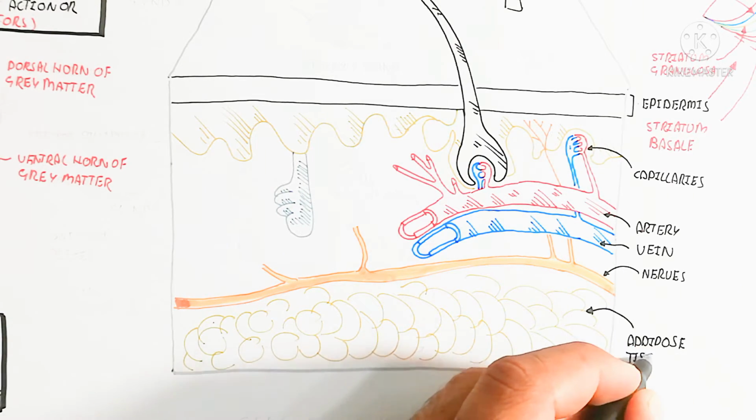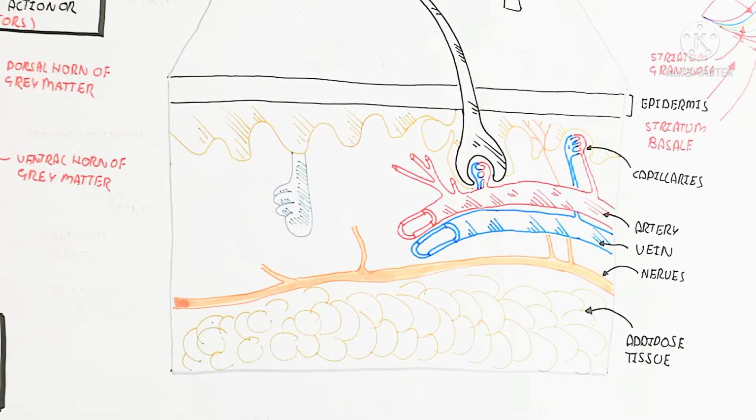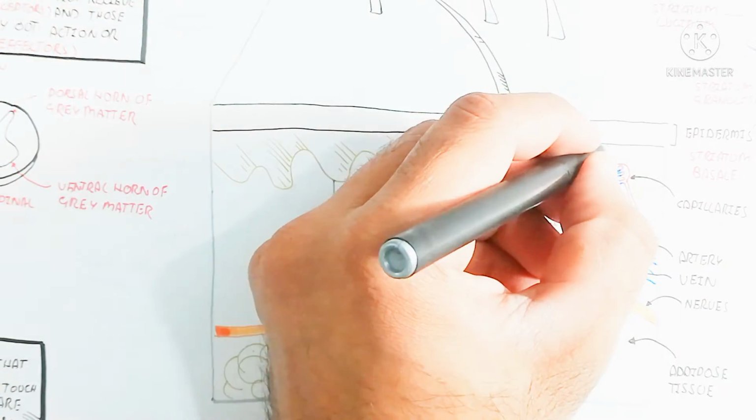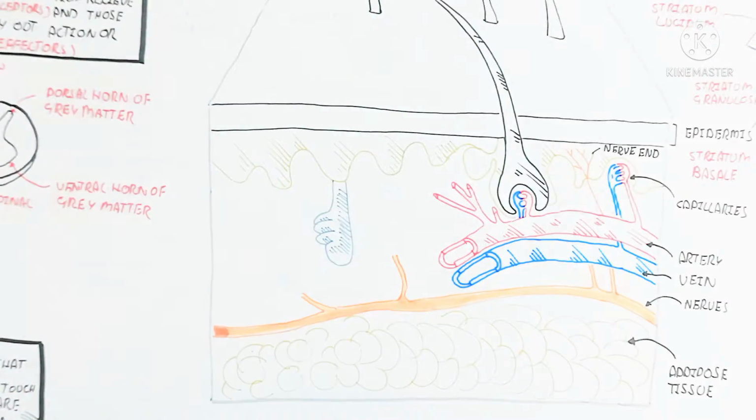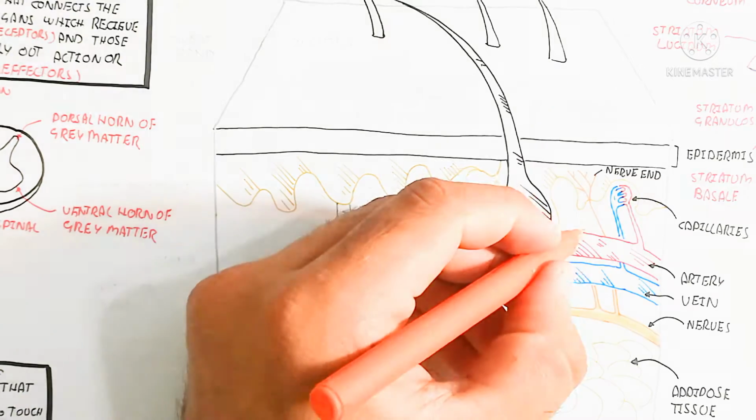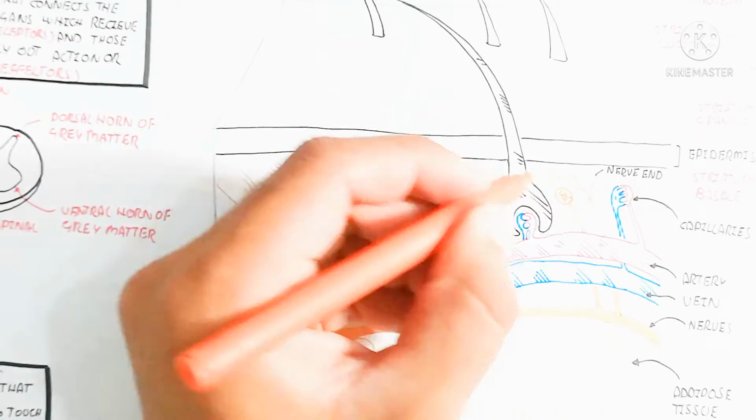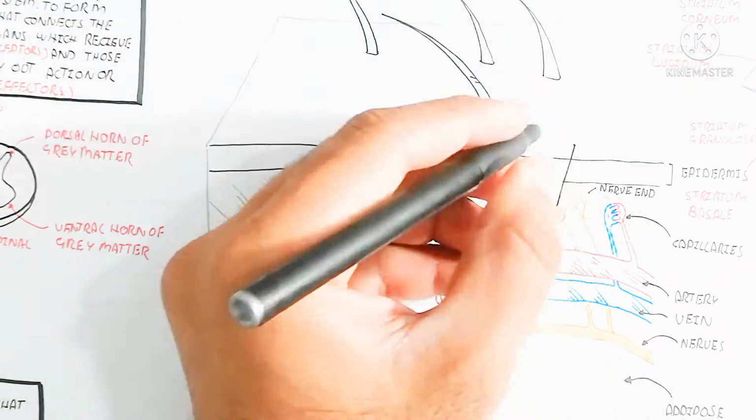So here is the adipose tissue. This adipose tissue provides the oil, sebaceous gland production. So in this way, the fatty acid is also used for protection and insulation.